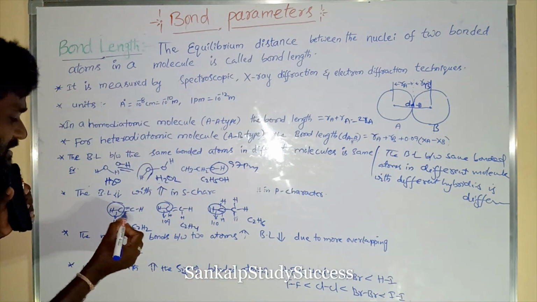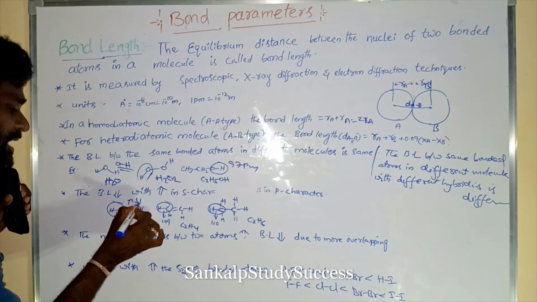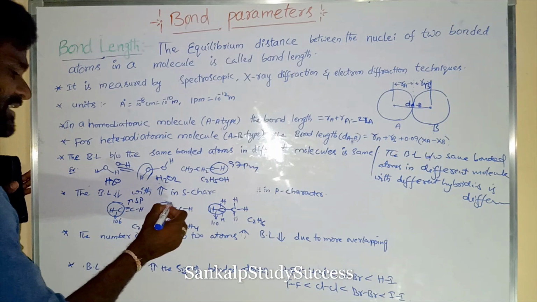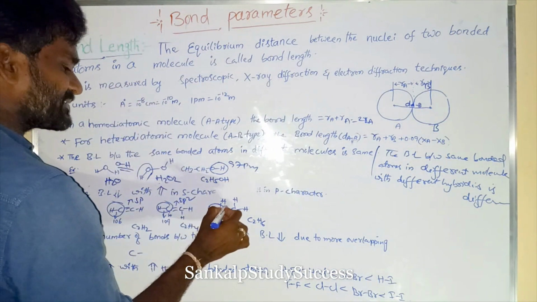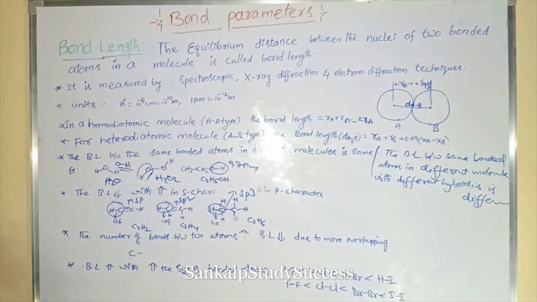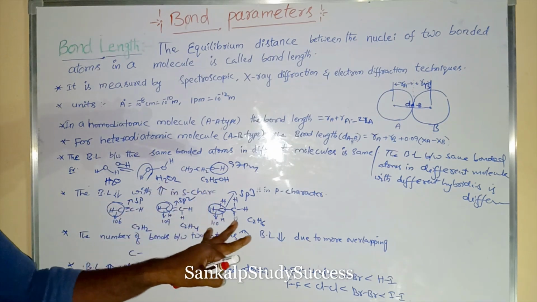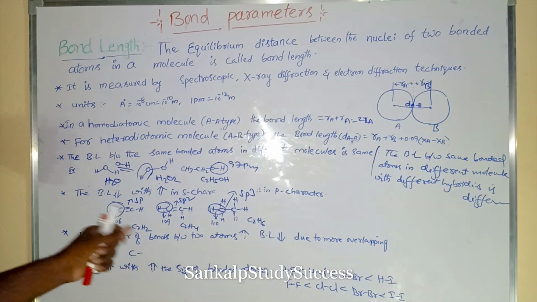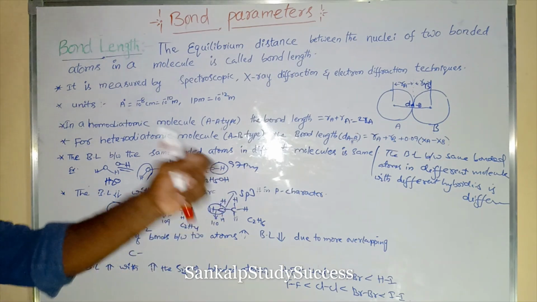This contains a triple bond, C triple bond C, so its hybridization is sp. This contains a double bond, its hybridization is sp2. This contains a single bond, its hybridization is sp3. So all these molecules undergo different hybridization, so the bond length of the same bonded atom is different.